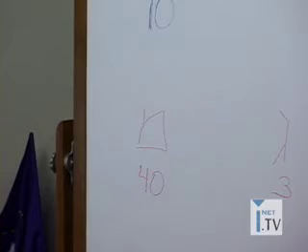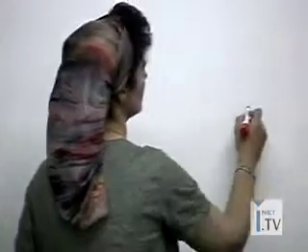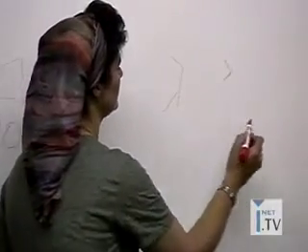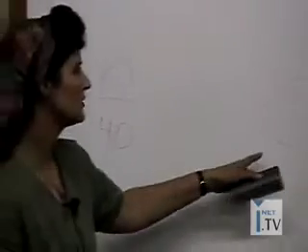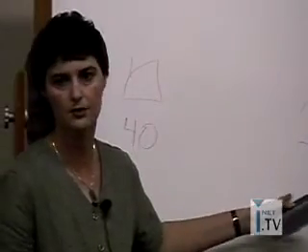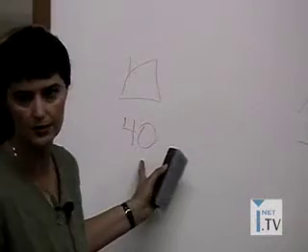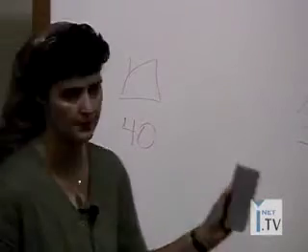Yod, Gimel. Yod has a value of 10. Gimel has a value of 3. 10 and 3 are 13. Mem is the 13th letter of the Aleph Beit. That is the mysterious letter of the Mem.